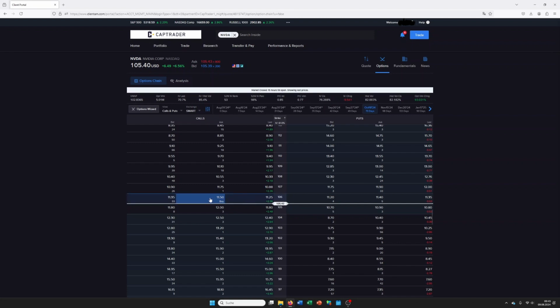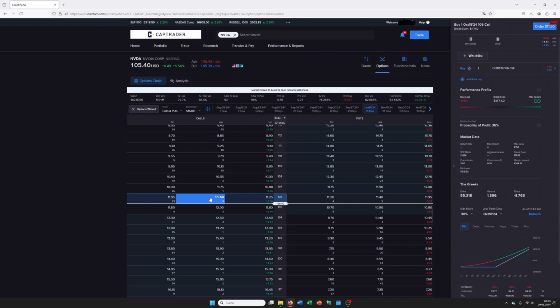Now, if we want to buy a long call, for example, at the strike price of 106, you only have to click on the button, and then you can see a summary of the order here. So your max loss is $1,150. Here it is calculated for you.